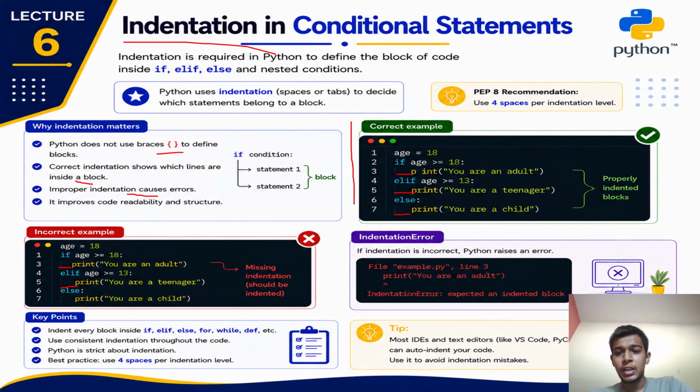Because of this indentation, Python knows which statements belong to which block. Since the condition becomes true, Python prints you are an adult. The remaining conditions are skipped.